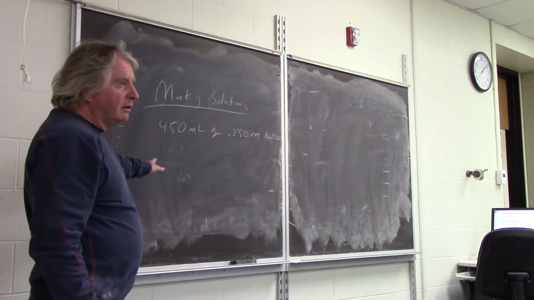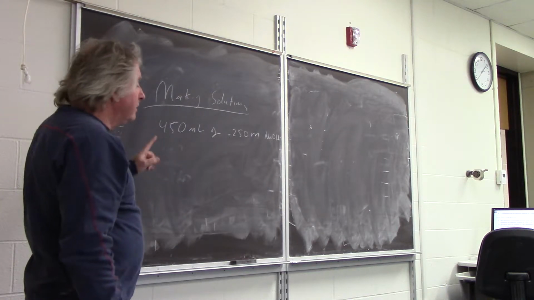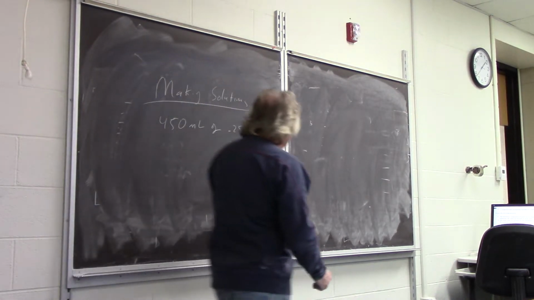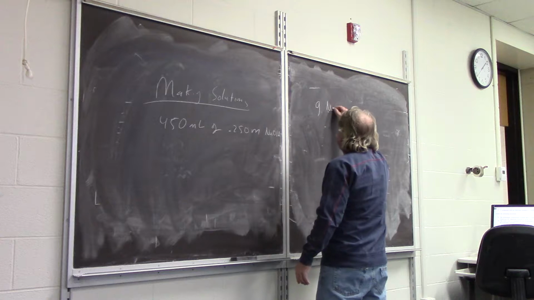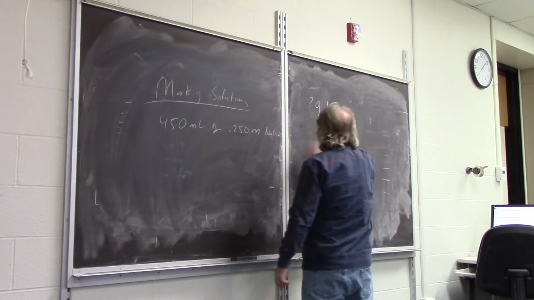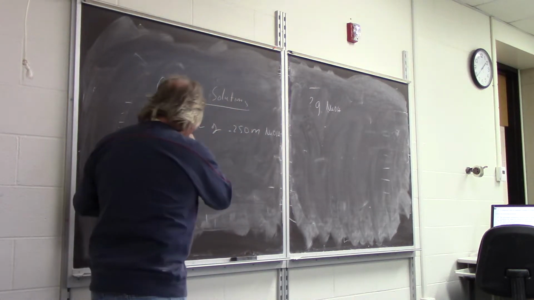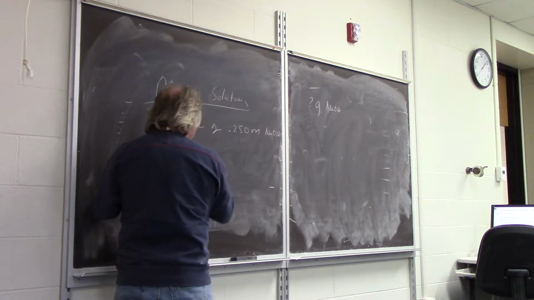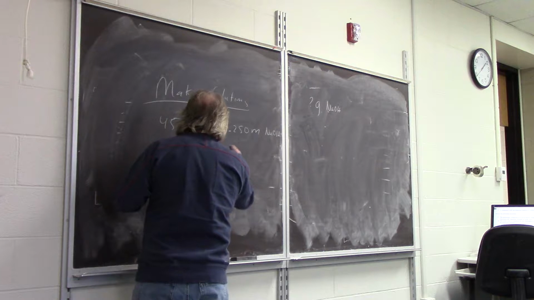If we take a look at our units, that'll help us figure out what's going on. So the goal here is to figure out grams of sodium hydroxide. From this guy we can figure out moles. This is volume, and volume is going to be liters, in this case milliliters, and molarity is moles per liter.